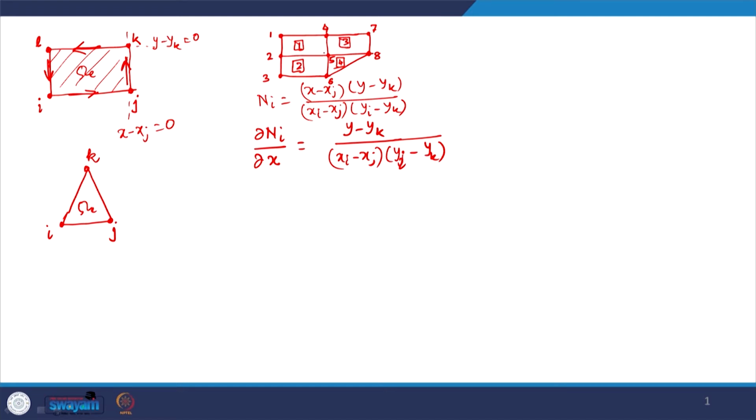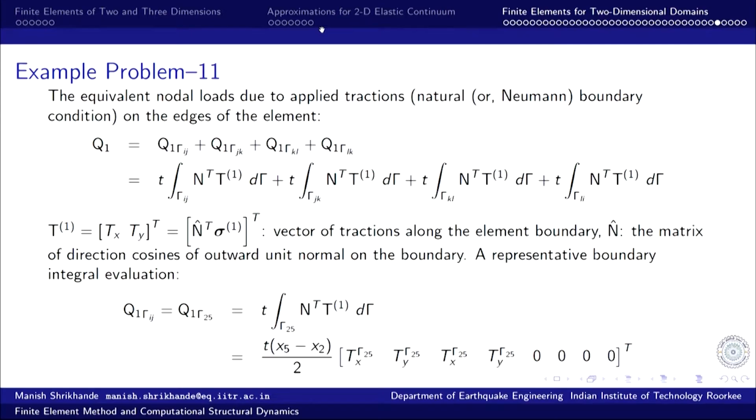No, all other boundary conditions are not really required to be evaluated, but nevertheless we will explain the process how it is done. So, any rectangular element is defined by 4 boundaries: gamma I j, gamma j k, gamma k l and gamma l I, and again the node numbering is the order in which we are moving.